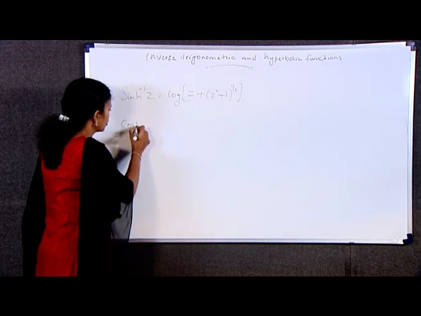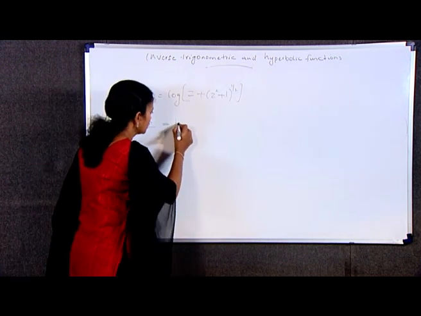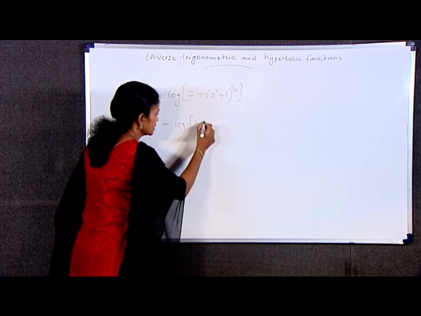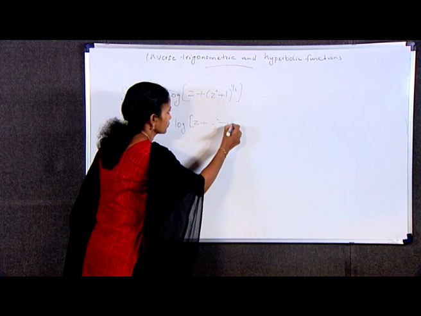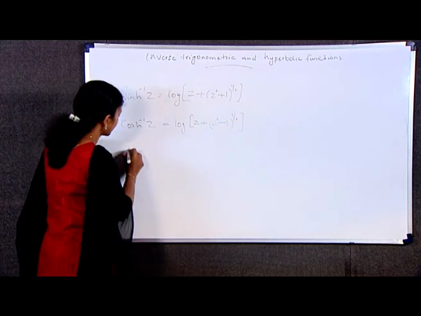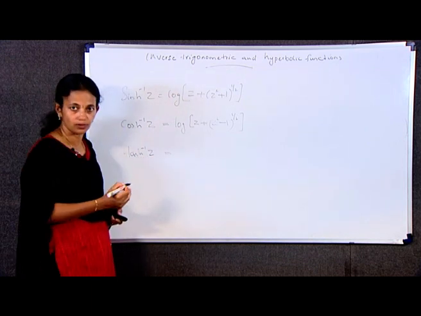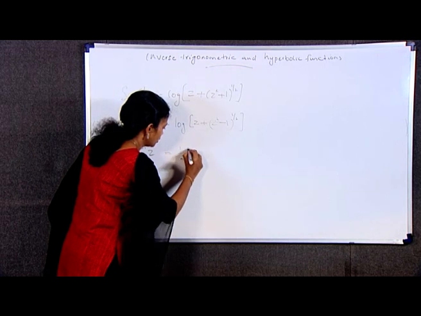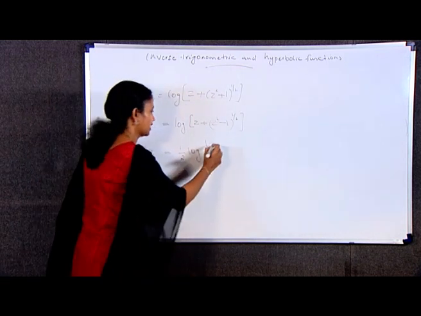Similarly, cosh inverse z is equal to log of z plus (z square minus 1) raised to 1 by 2, and tanh inverse z is equal to 1 by 2 log of (1 plus z) by (1 minus z).